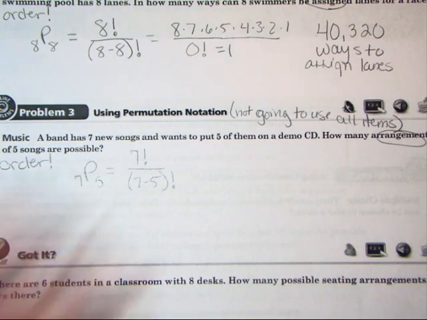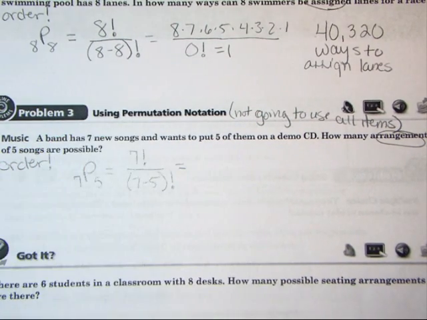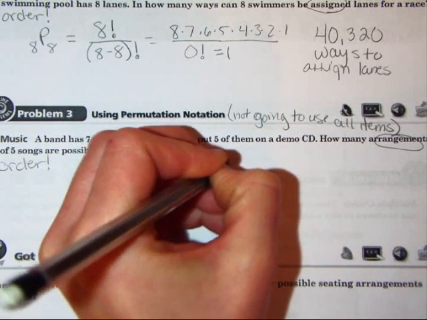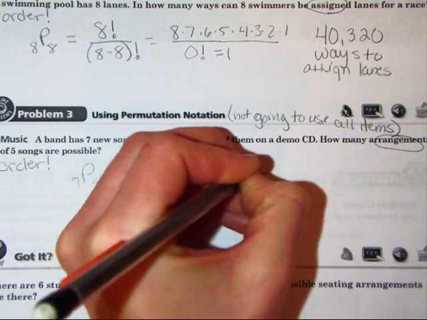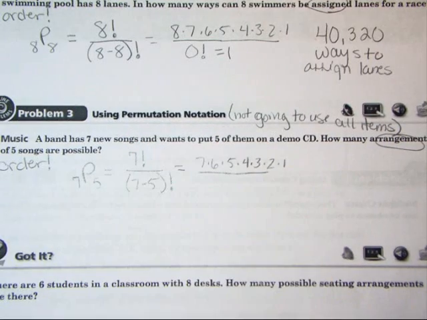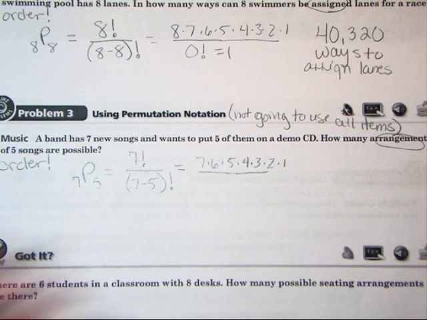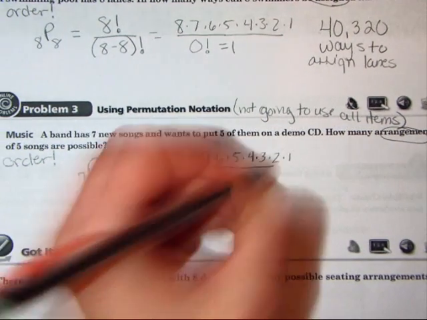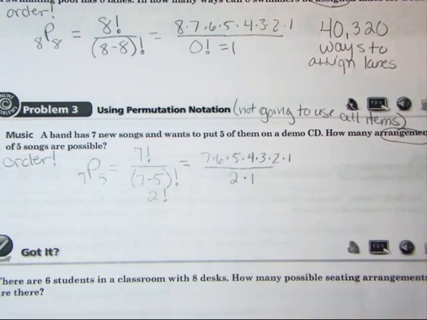So you can see how the bottom is different now. So the top is 7 times 6 times 5 times 4 times 3 times 2 times 1. And the bottom, well, 7 minus 5 is 2 factorial, which is 2 times 1.